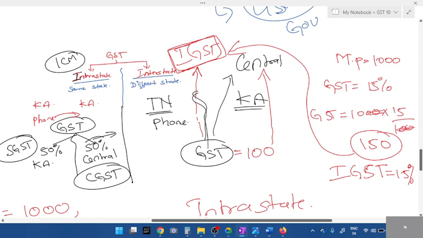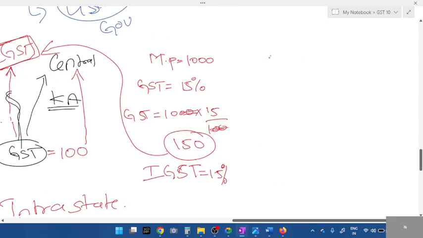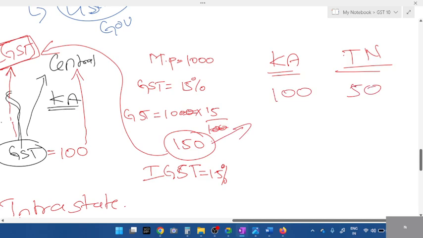So the government will fight over the tax. See, the tax is 150. If there is the Karnataka government and the Tamil Nadu government, two governments, they'll fight for this 150. Karnataka will say, I'll take 100, you take 50. Will the Tamil Nadu government agree? No. If Tamil Nadu takes 120 and tells Karnataka to take 30, will they agree?